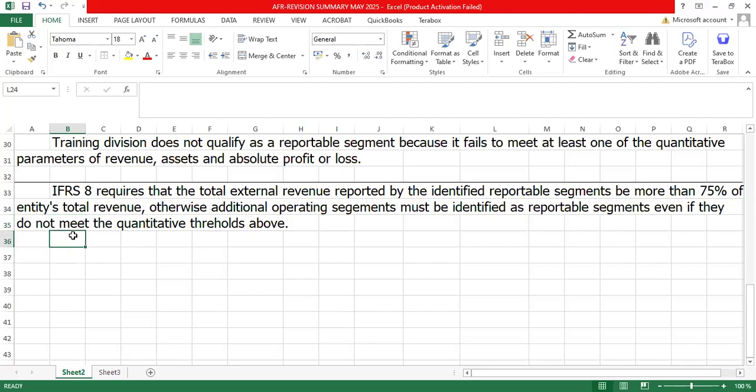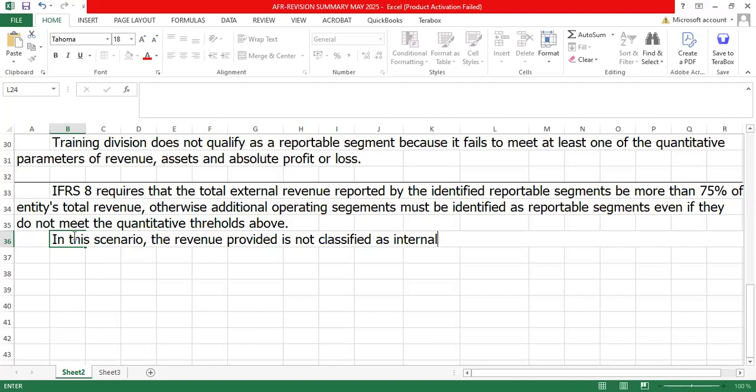But for this case, in this scenario, the revenue provided is not classified as internal and external revenue.